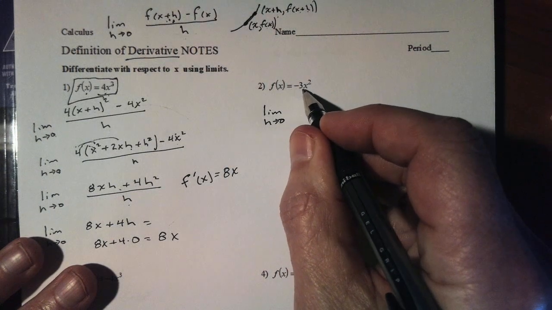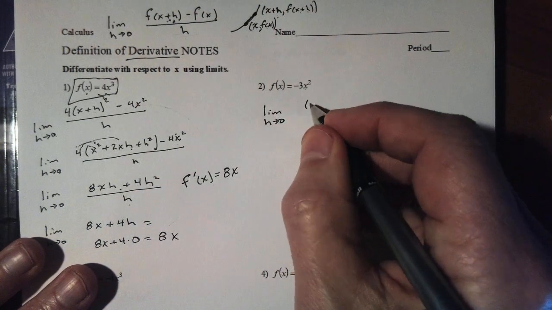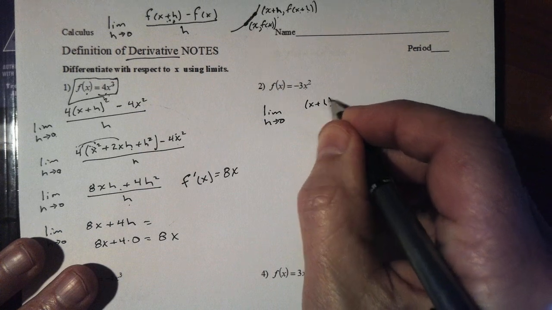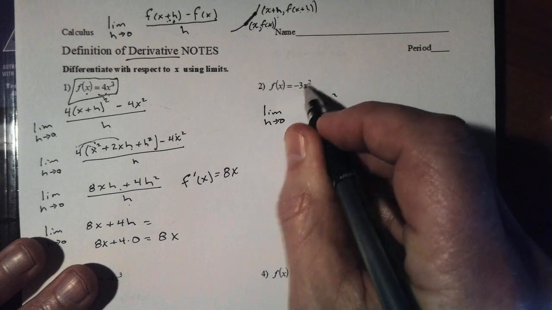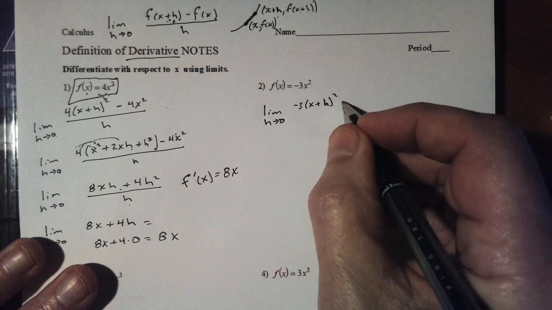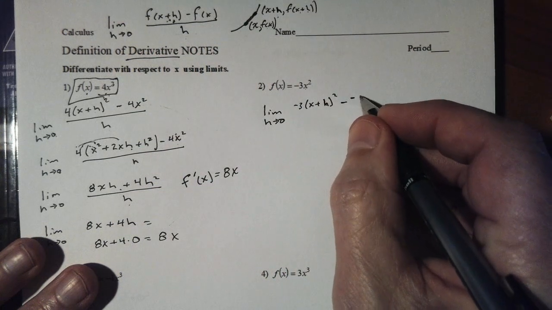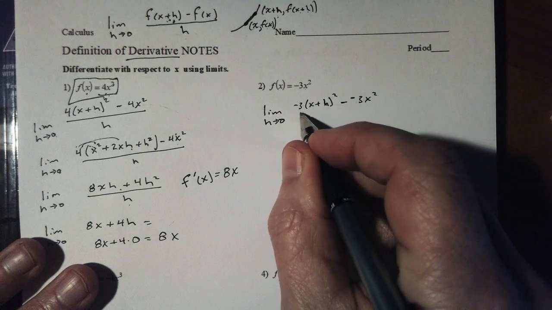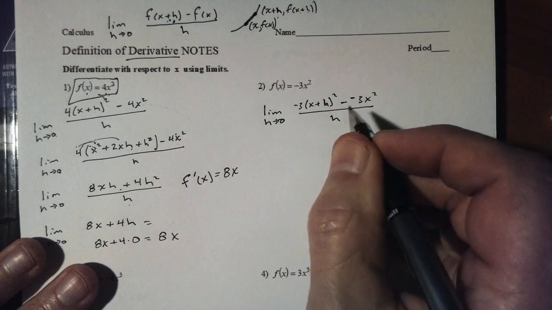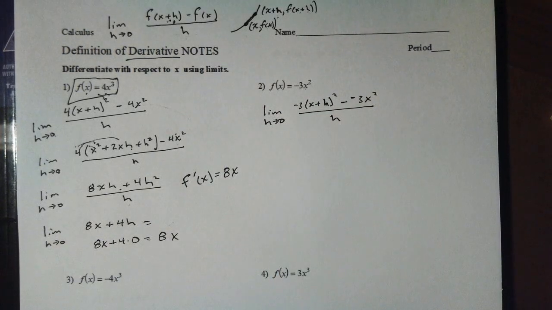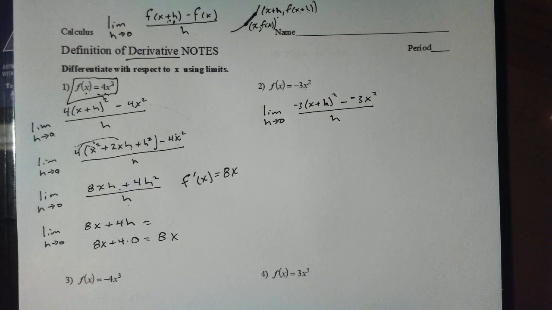So f is a factory that takes things, x plus h, squares them, multiplies them by -3, minus plain old f of x, minus negative 3x squared, all on h. And truthfully, then we just pass it on to a really good Algebra 1 student for the next few steps.